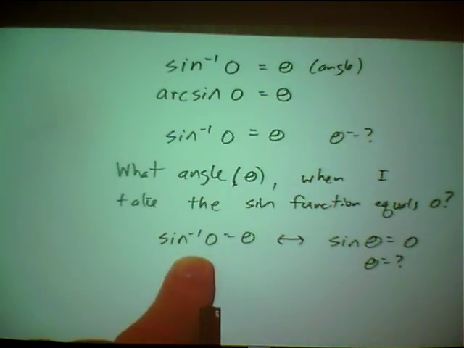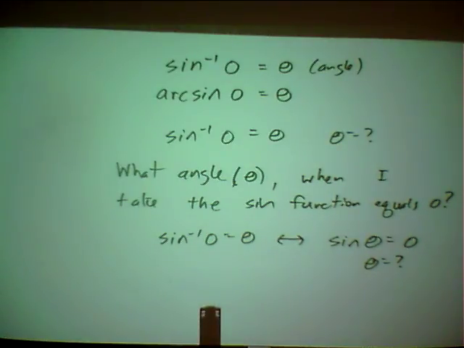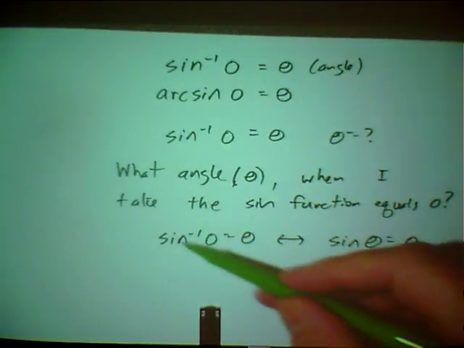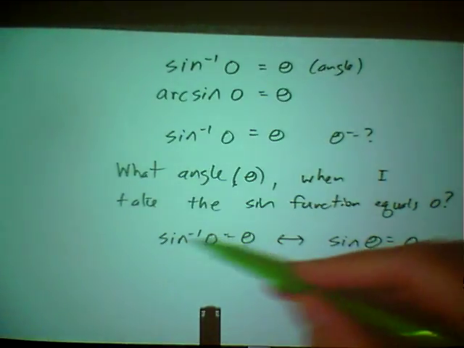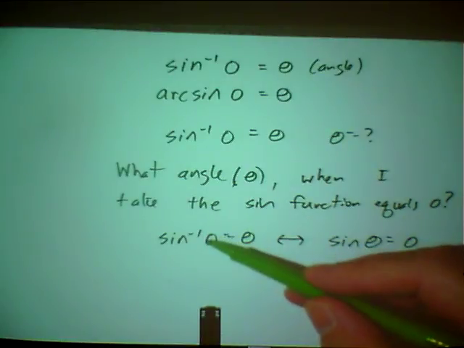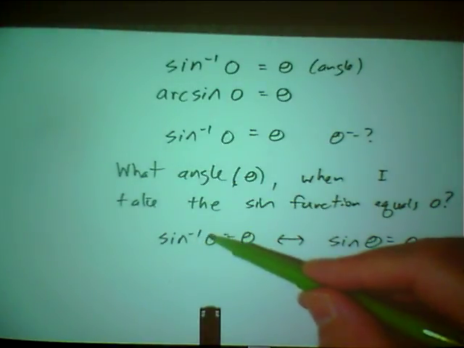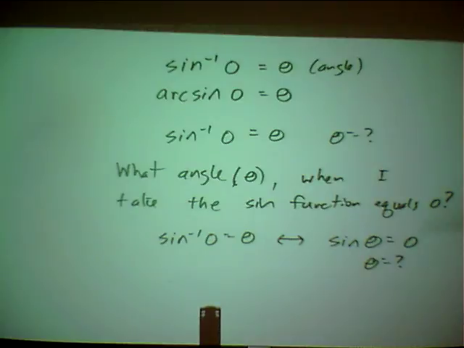Whenever I see an inverse trig function, in my mind I'm saying to myself, an inverse trig function is always going to be an angle. It's going to be an angle. So when I see this, I ask myself, so what angle, if I go take the sine of that angle, equals 0? Another way of saying this, the sine of what angle equals 0?